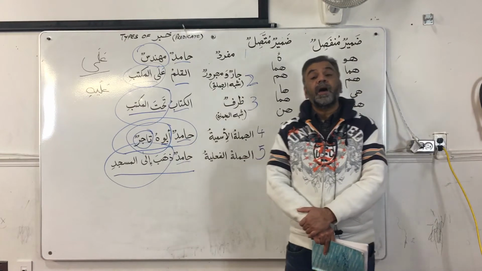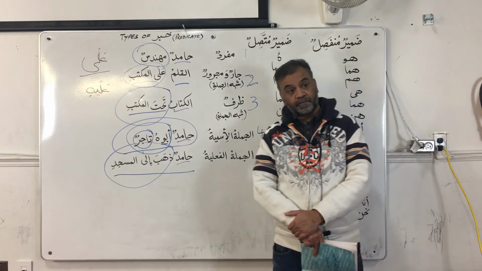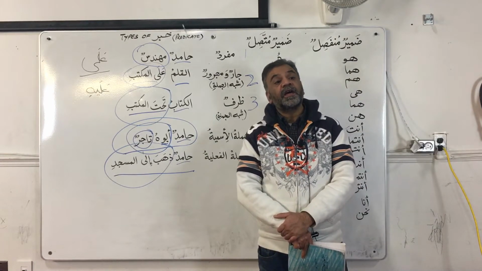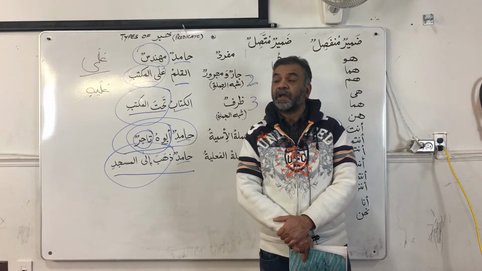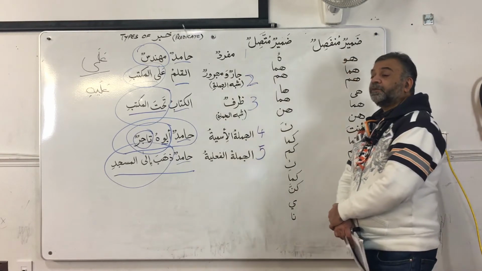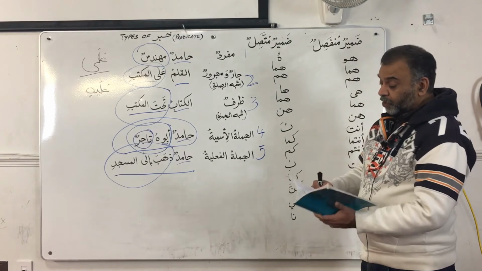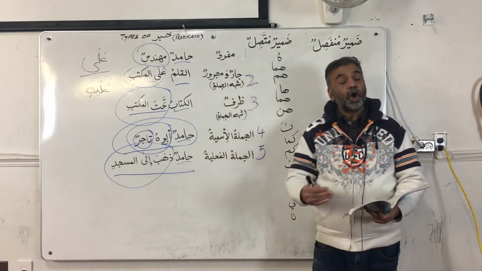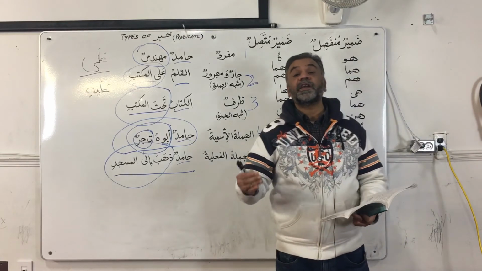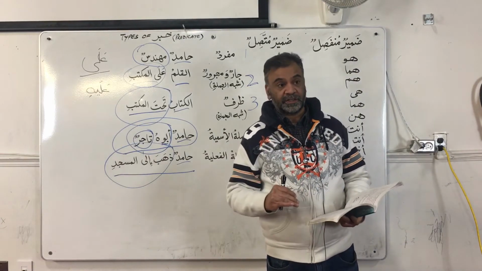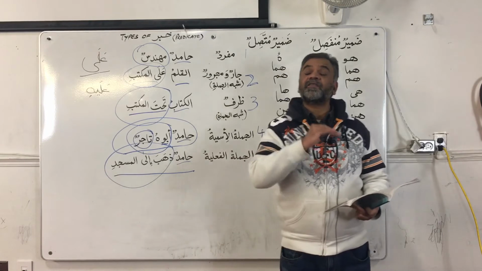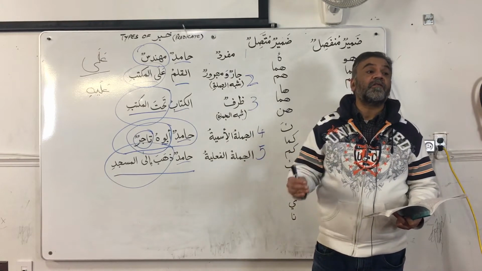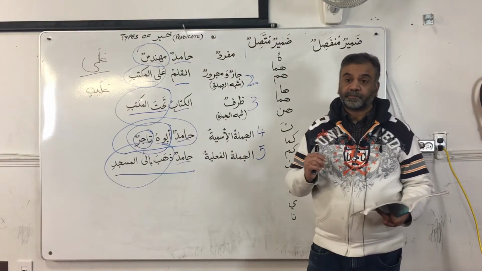Ma is harfu nafi, particle of negation, right. This is masmuka, this ma can come as particle of negation, or ma can also come as particle of interrogation. Now, here ma is coming as a particle of interrogation.